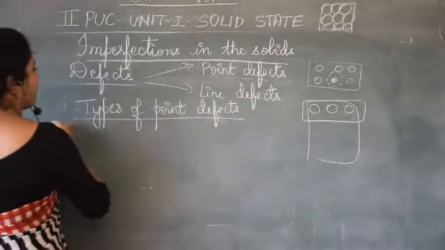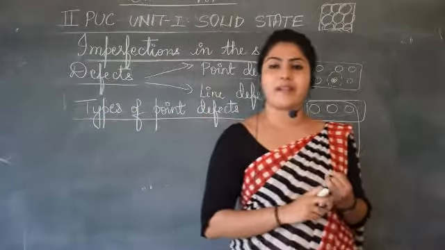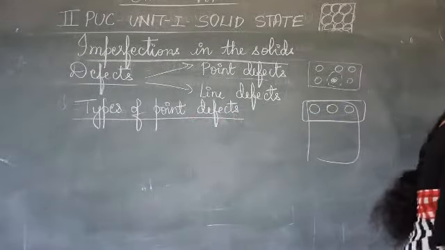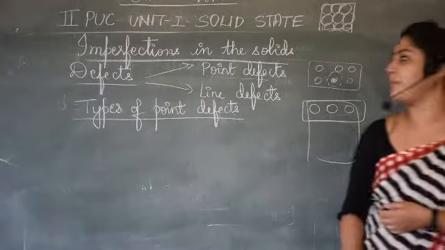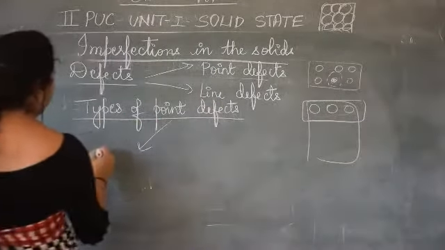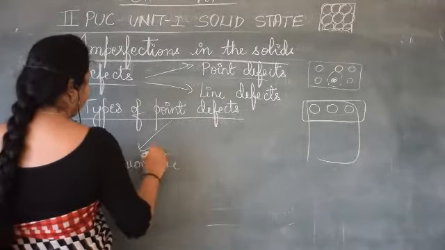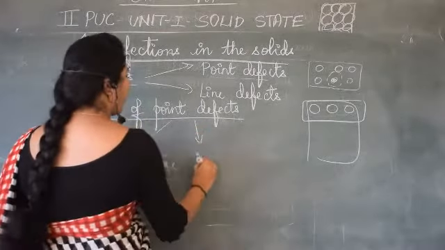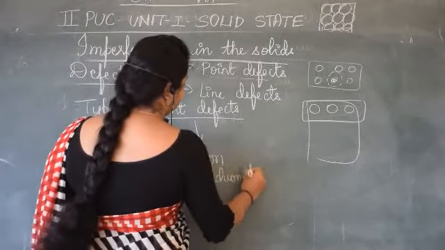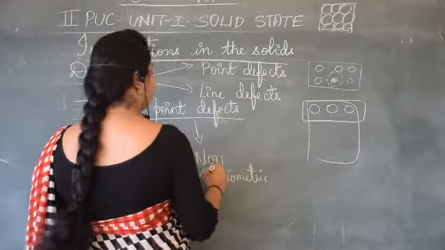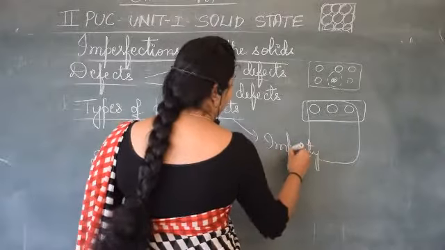Types of point defects: in point defects, we have stoichiometric defects, non-stoichiometric defects, and one more type of defect called impurity defects.